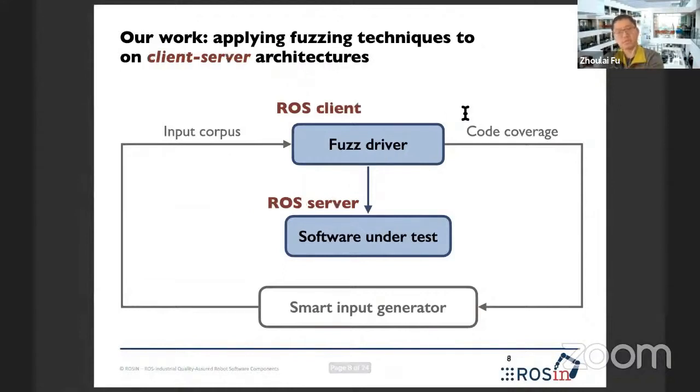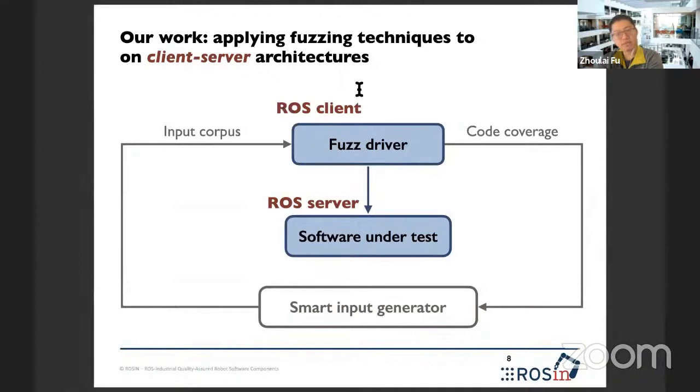Another scenario is the server-client architecture. Here, the software under test is the ROS server. And we are interested in finding bugs in ROS servers. To do that, we only need to write the ROS client, that is the fuzz driver here.